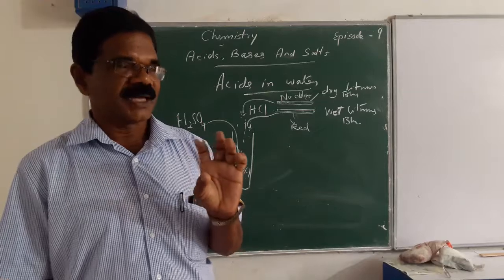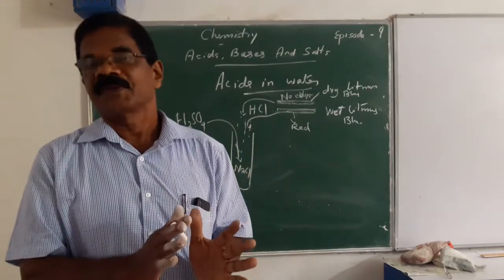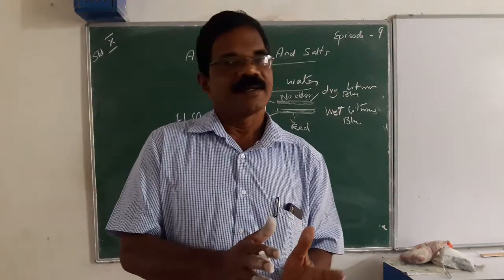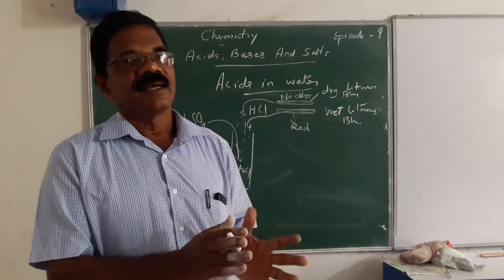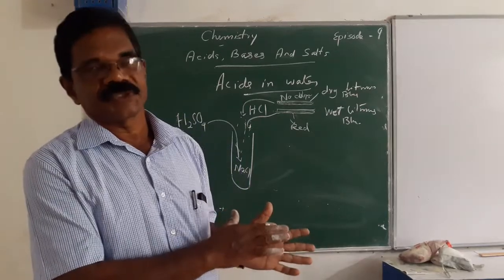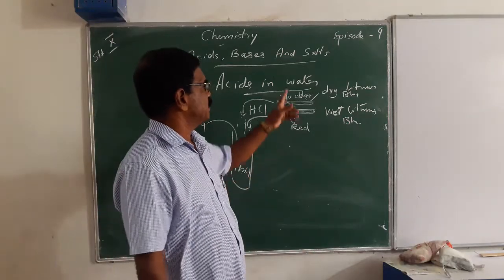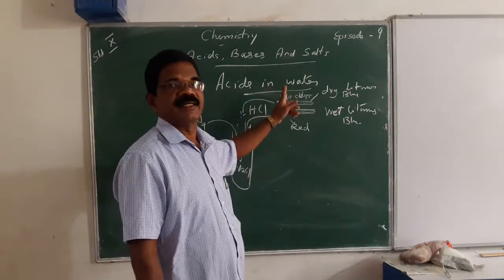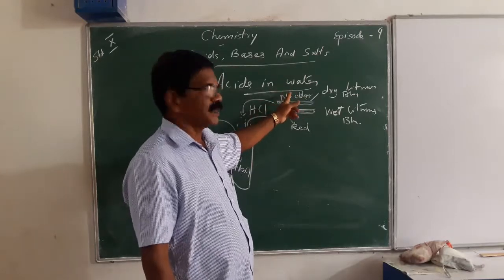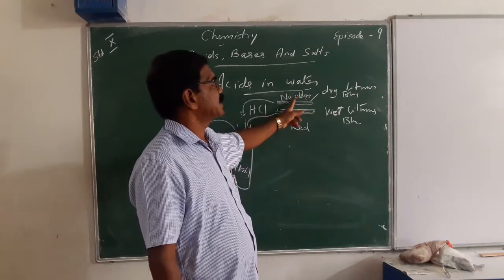Acids produce H plus ions only in the presence of moisture or water. If it is dry, in the absence of moisture or water, it does not produce H plus ions, so it does not show acidic property, so it does not change the blue color of the litmus.